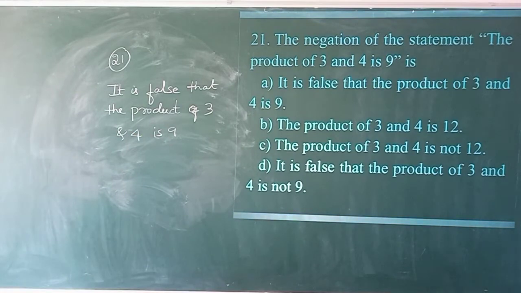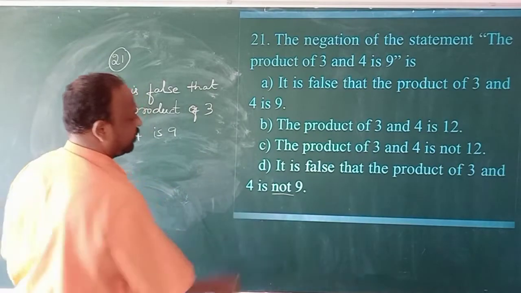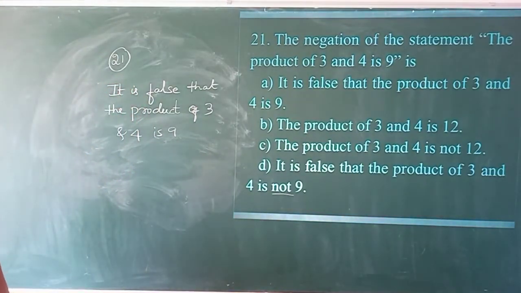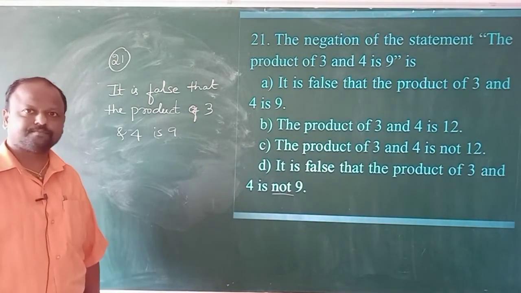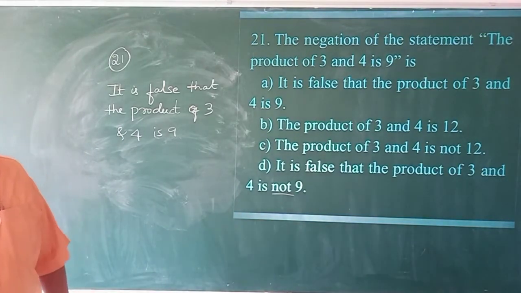You can observe here option D is not the answer because they have included not here. Instead of writing not, you can write it is false that.